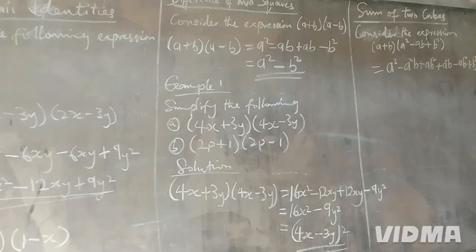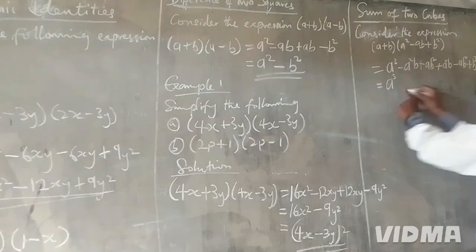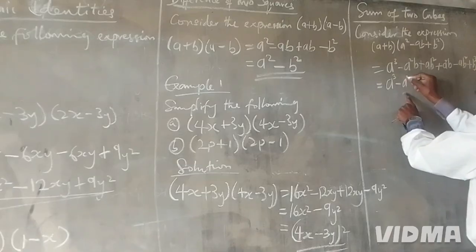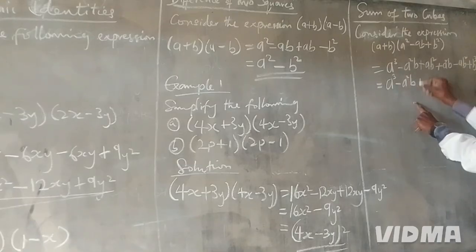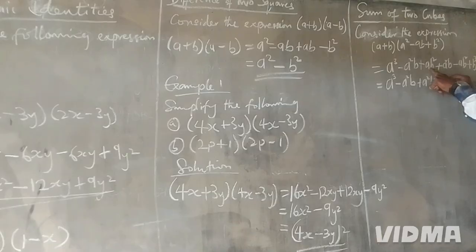So what do we do now? We collect. It becomes A cube. Let's see any like terms here. There is one. This and this, they are the same. Are they not? All right, let's arrange it before we do that. Minus A squared B plus A squared B. Now we go back to this. Plus AB squared minus AB squared plus B cube.